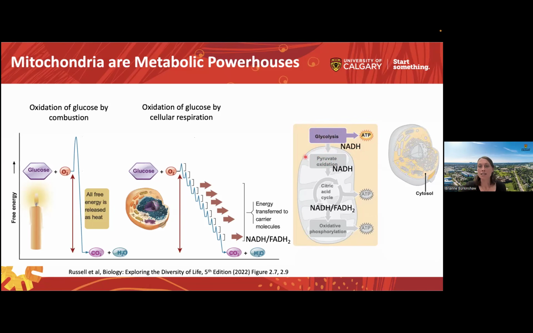Pyruvate then enters into the mitochondria, so the rest of the cellular respiration process is happening in the mitochondria. By oxidation of pyruvate, we produce more of our carrier molecule, NADH. We have a molecule called acetyl-CoA that enters the citric acid cycle.